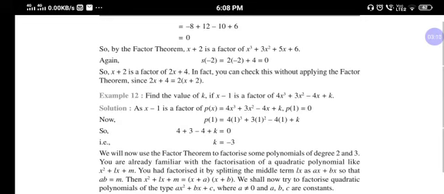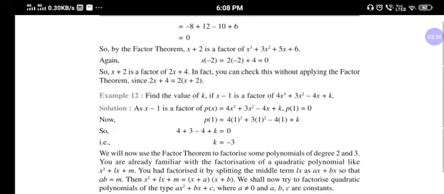So here x minus 1 is a factor of p of x, and therefore p of 1 is equal to 0 because x minus 1 is equal to 0. So x is equal to 1 and the value of x is equal to 1. So p of 1 is 0 because x minus 1 is a factor of the polynomial p of x.